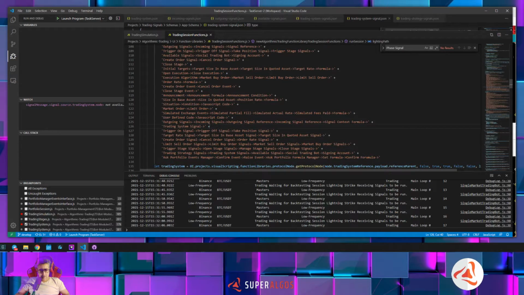Okay, so trigger on, trigger off, target rate. This is open. Create signal, create order, limit sell orders. Okay.